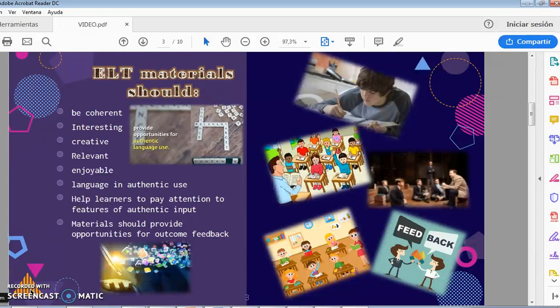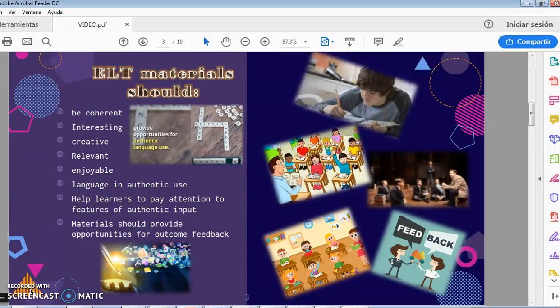Materials should provide opportunity for outcome feedback, especially feedback on the effectiveness of use of language rather than the occurrence of language.